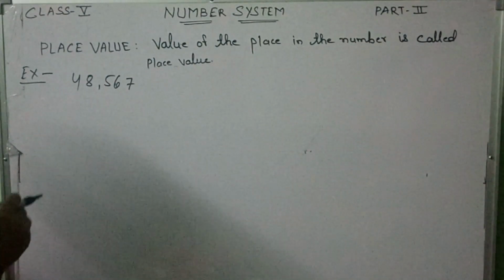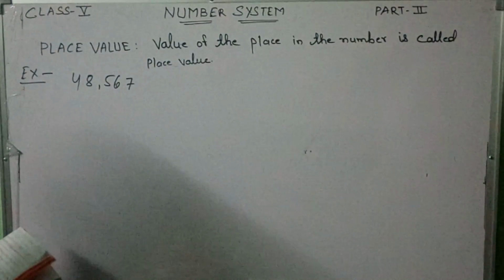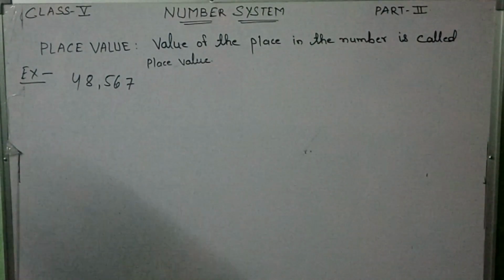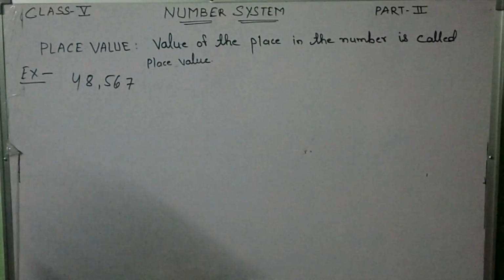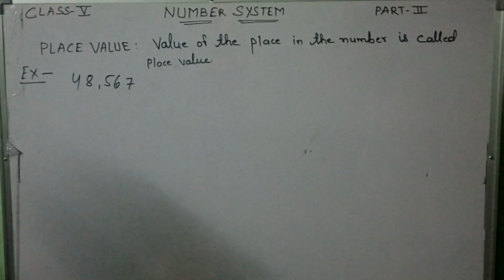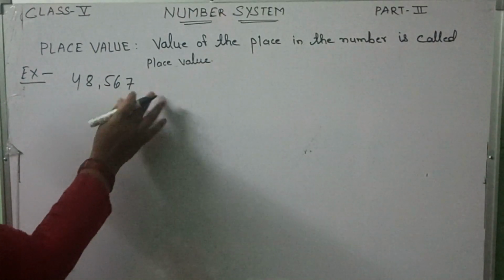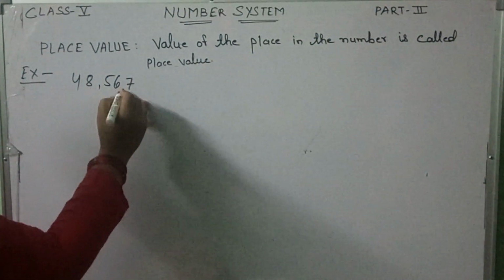We have to find the place value of each digit. Students, sometimes the question mentions finding the place value of a particular digit in the given number. And if the question says to find the place value of each digit, then you have to find the place value of each one.